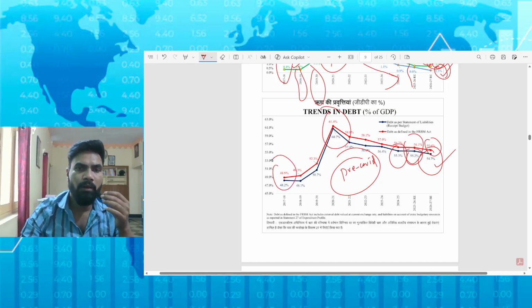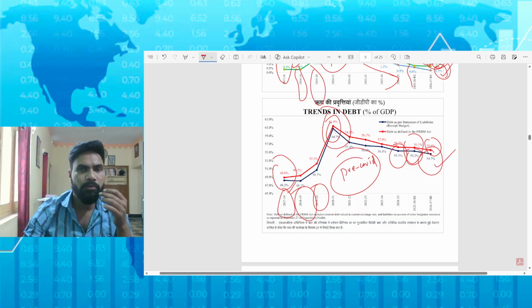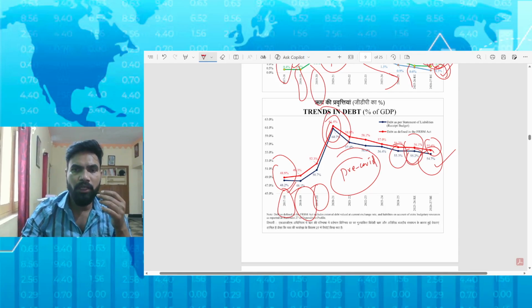You see, in the pre-COVID years, the debt as a percentage of GDP was 48.2% in 2018, 48.1% in 2019. In the COVID year 2019-20, 50.7%. Immediately in 2021, it shot up to 60.7%. Ideally, the experts say that your debt to GDP should be somewhere around 40%.